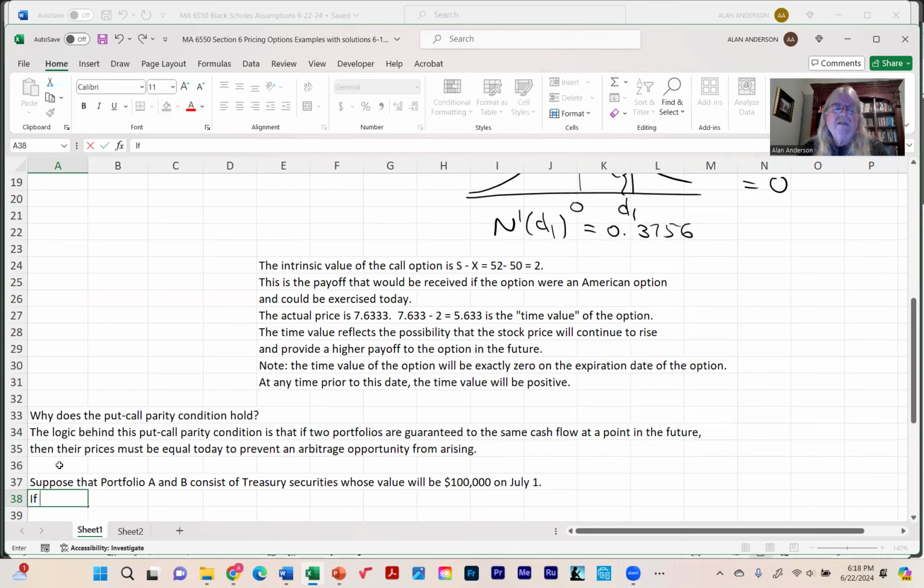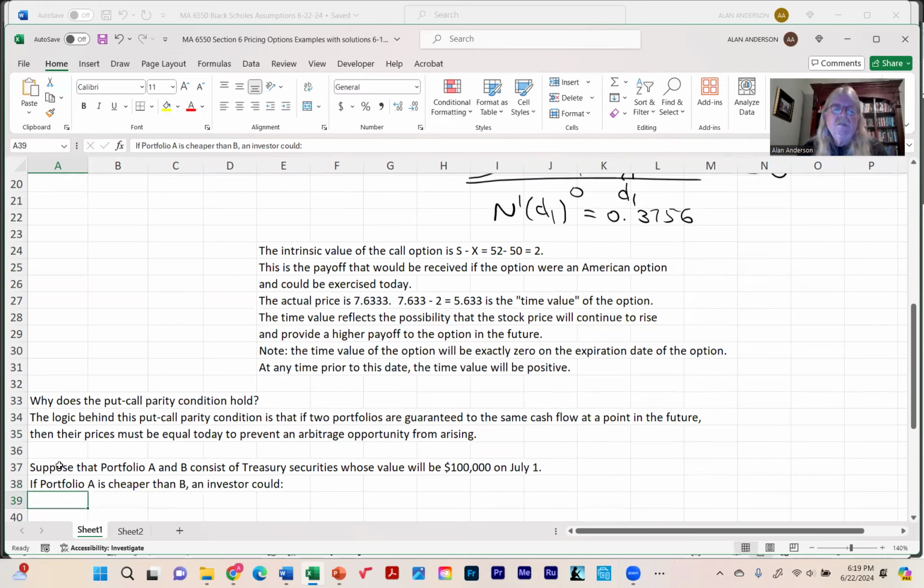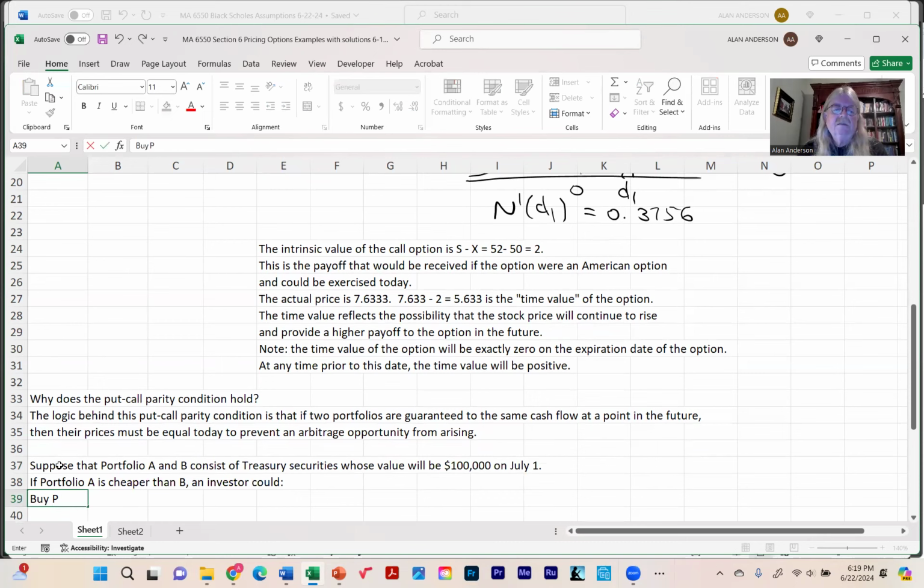If portfolio A is cheaper than B, an investor could buy A, sell portfolio B, and collect the difference.